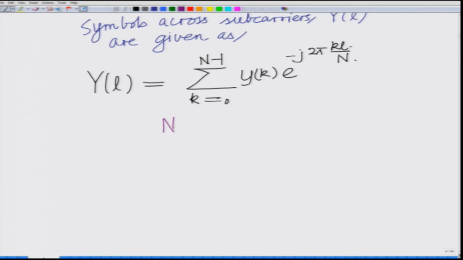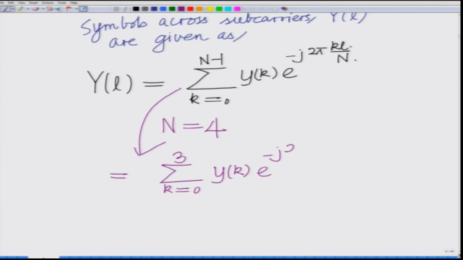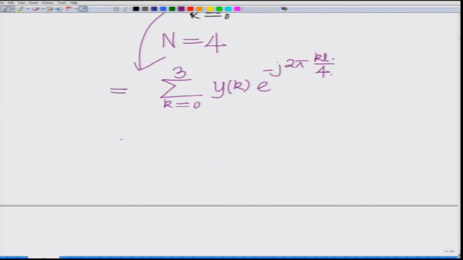So, now we have to set n equal to 4, which is the number of subcarriers or frequency points in our system, which is equal to the summation k equal to 0 to 3 of y_k e power minus j 2 pi k L by 4, which is equal to the summation k equal to 0 to 3 of y_k e power minus j pi by 2 k L.